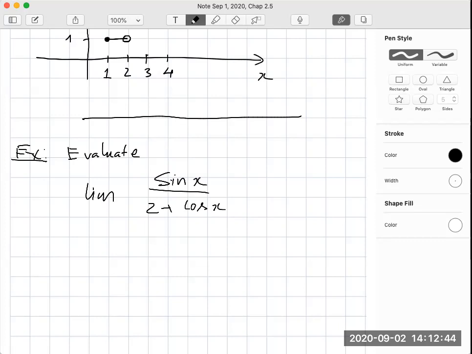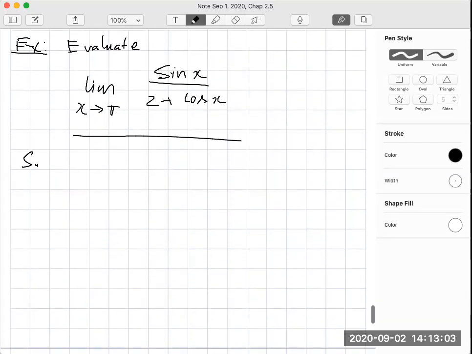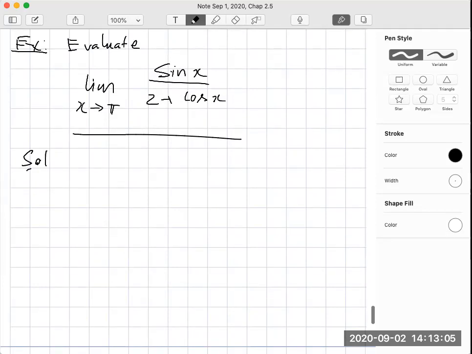When x approaches pi, right, using the continuity, we see that the trig function sine x is continuous, right?